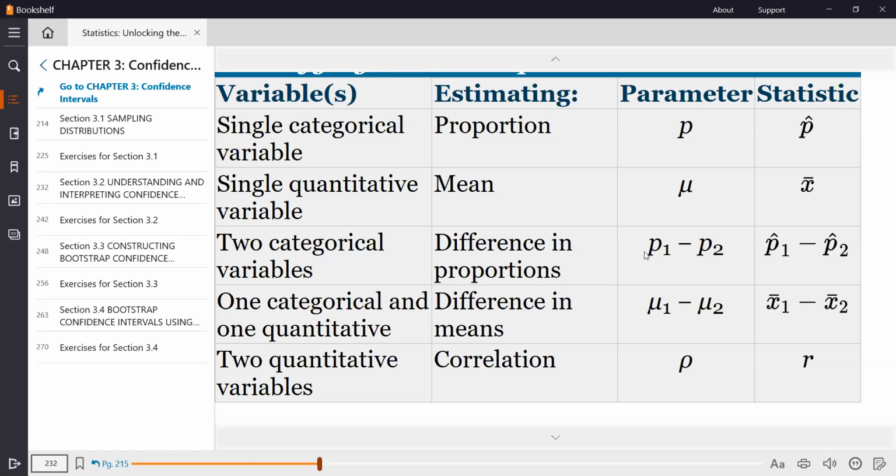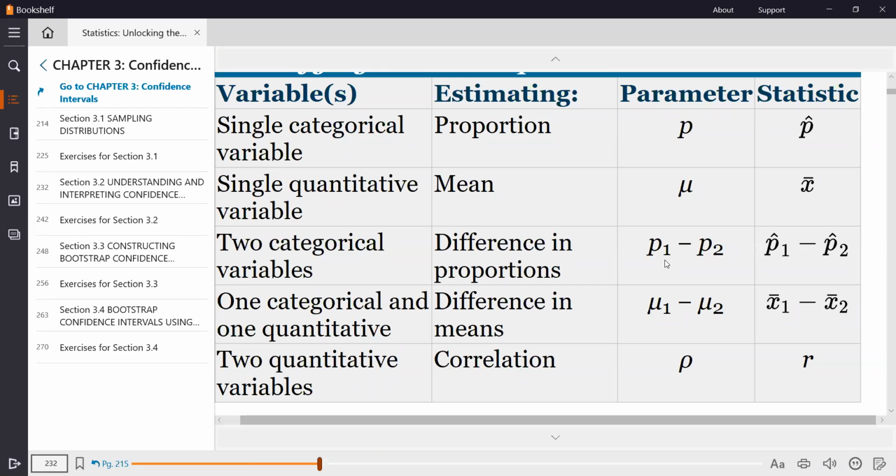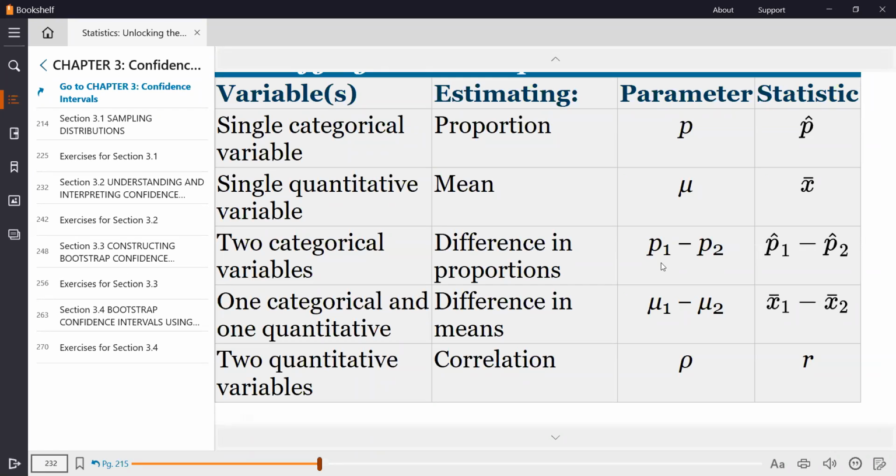So suppose we have two populations whose proportions we're comparing. One thing that we could do is look at the difference in the proportions to see if there's any significant difference between US adults on the East Coast and US adults on the West Coast.